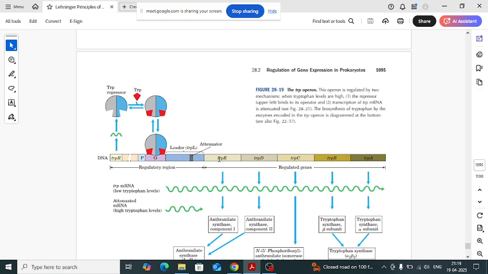Those genes are trpE, trpD, trpC, trpB, and trpA. Up to trpL is the regulatory region, and these 5 genes are the regulated genes, right? So now let's see how this operon system works.